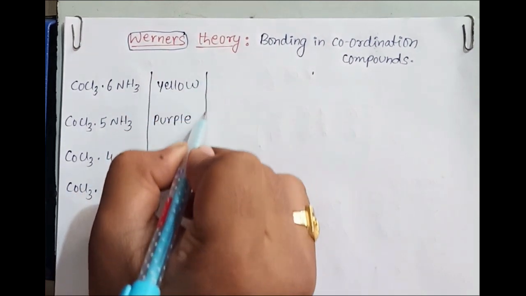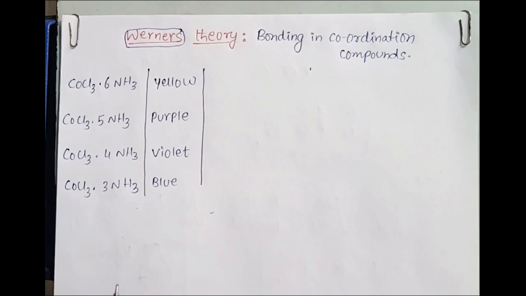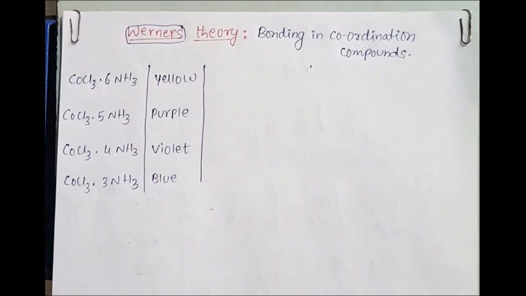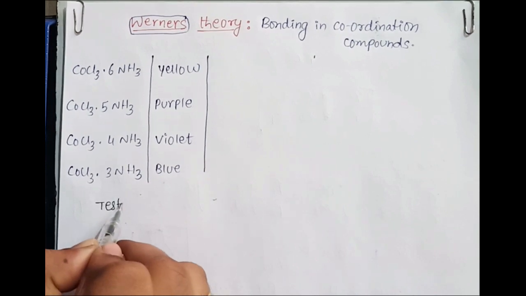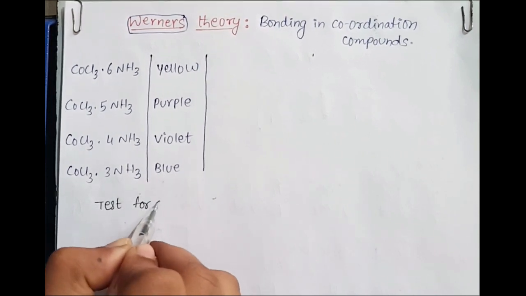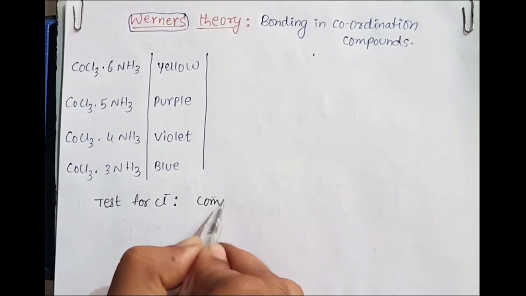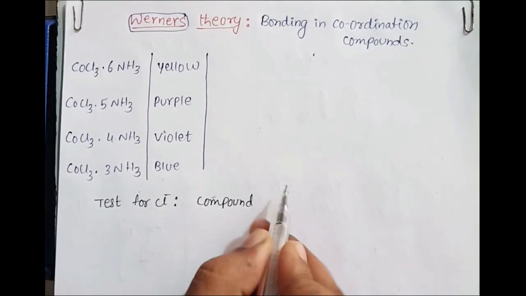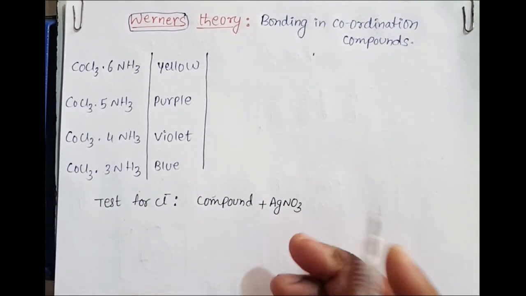He wanted to check the presence of chloride ion. What is the test to detect chloride ion? Take the compound and add silver nitrate, AgNO3.